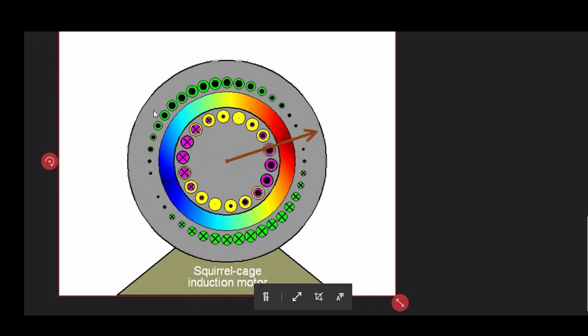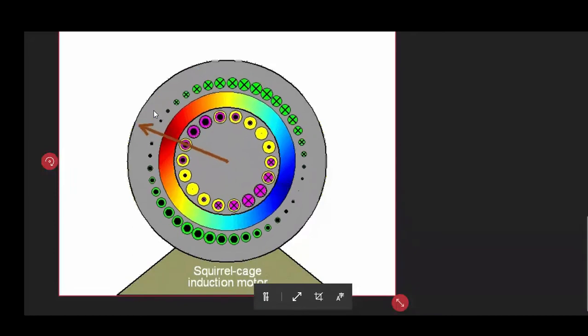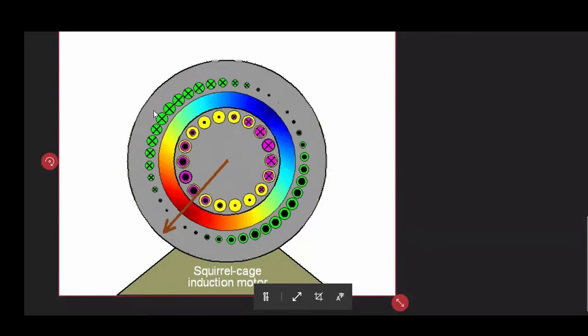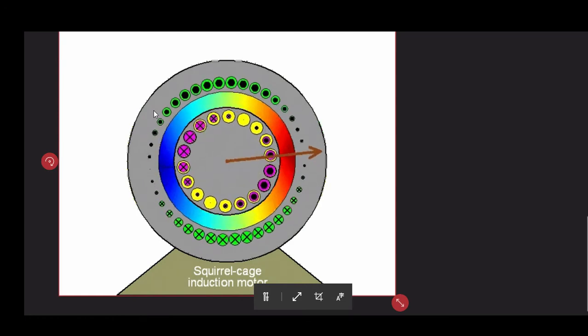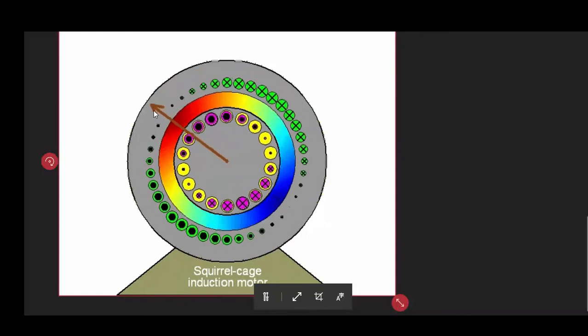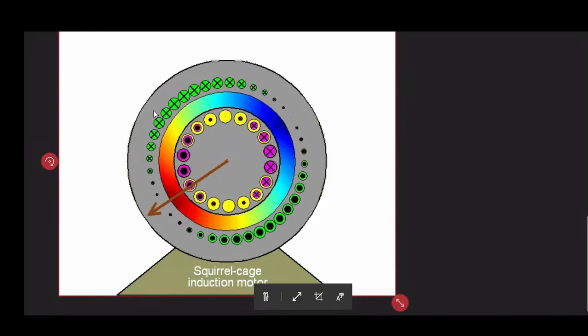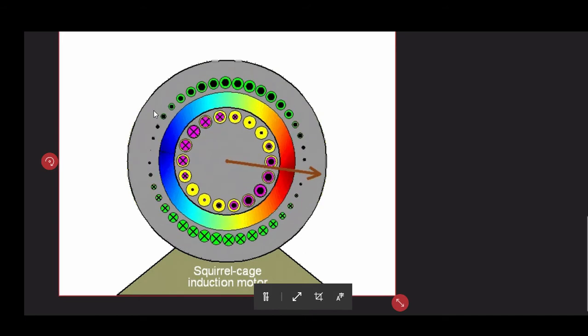So that current interacts with the flux that produces it, and it produces a torque to speed up the rotor, and the rotor tries to align itself with the rotating magnetic field.